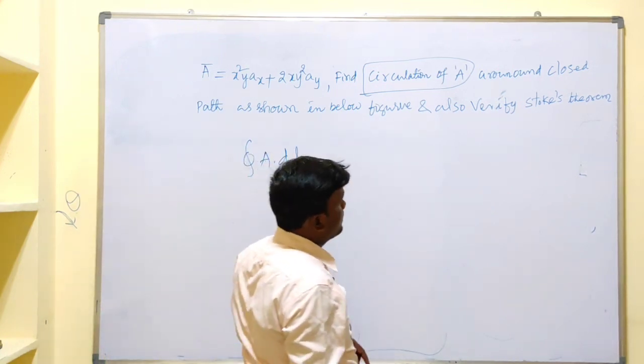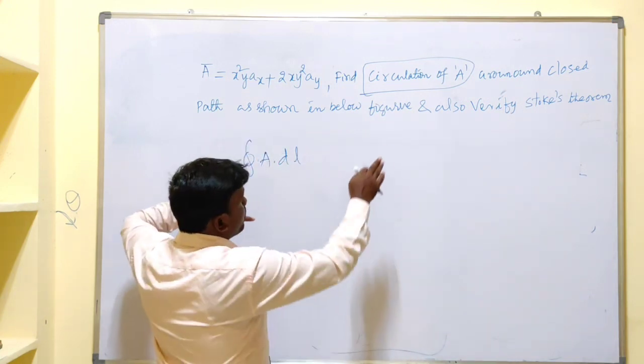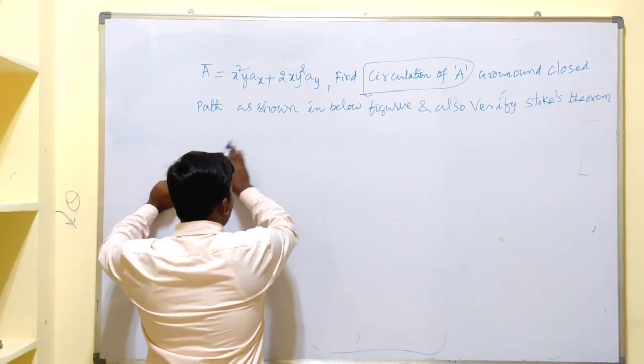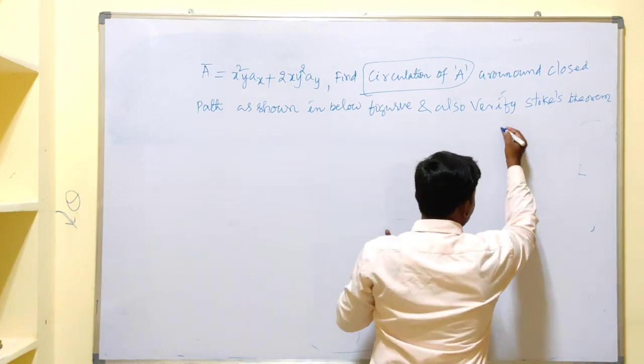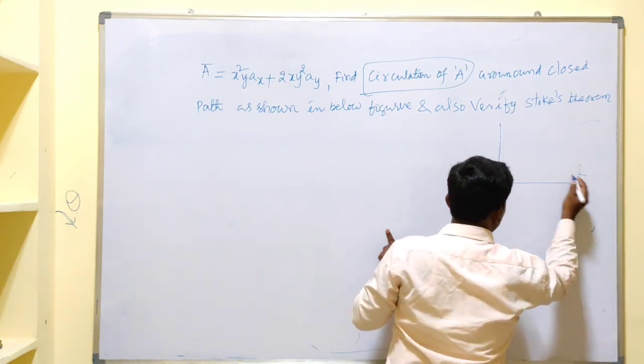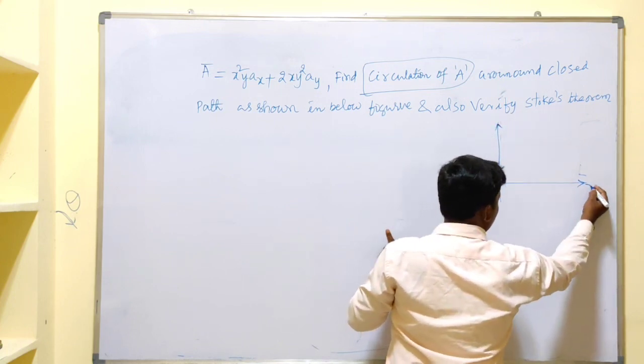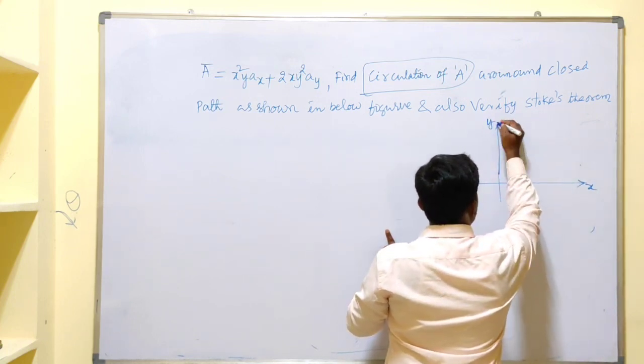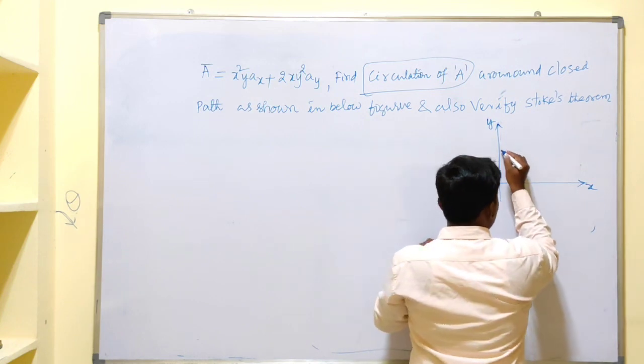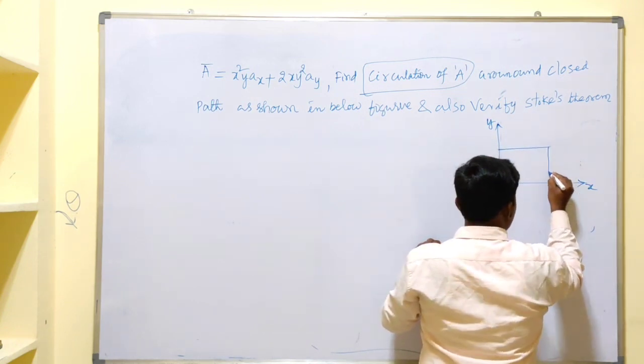Of course, they provided a closed path as shown in the below figure. That path is given like this. We have the x axis and here the y axis, and the closed path is like this.